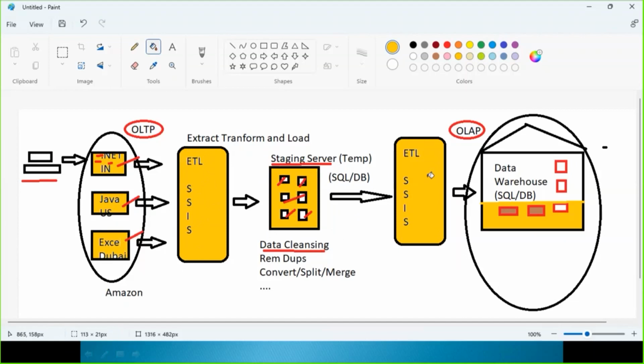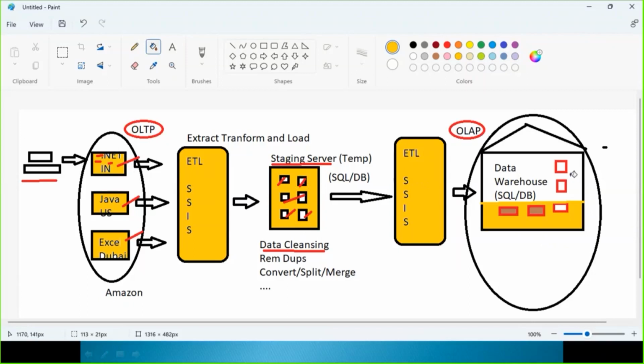Cleaned water will go with the help of one more motor pump to the bigger tanks, and from there you and I get the water. So it is nothing but the same project. The fresh water is taken and cleaned, and after that the cleaned water is stored in bigger reservoirs and supplied to each and every house. Like that, you need to understand ETLs are nothing but a bigger motor pump.